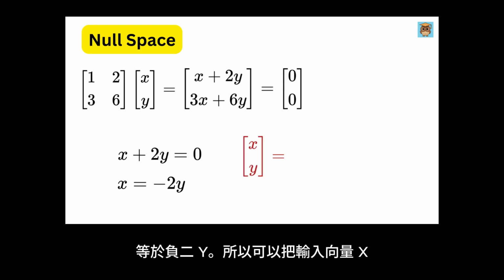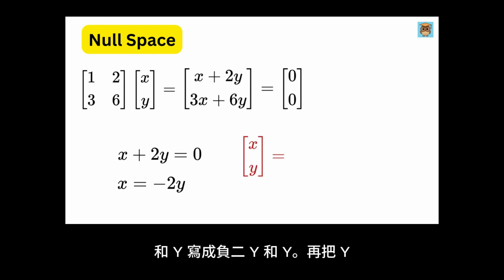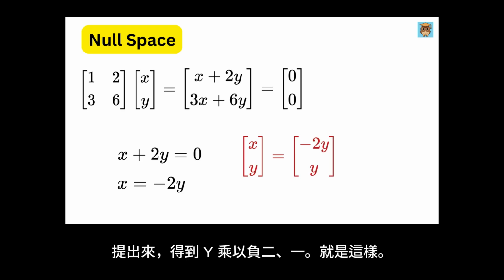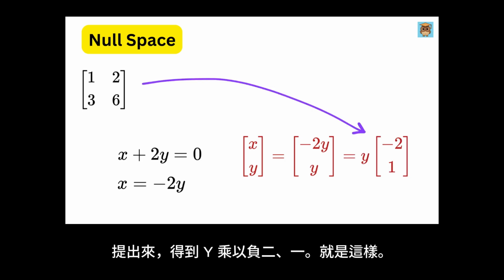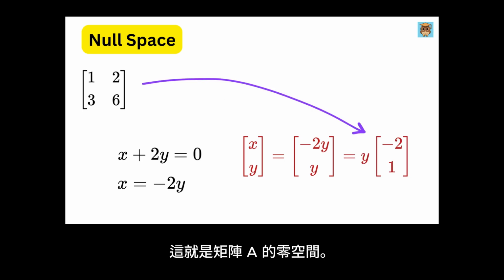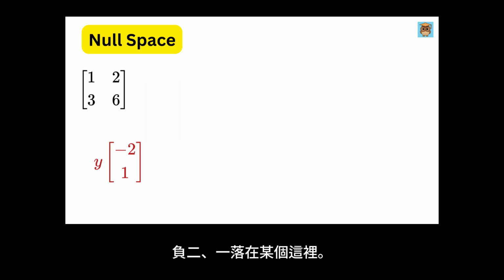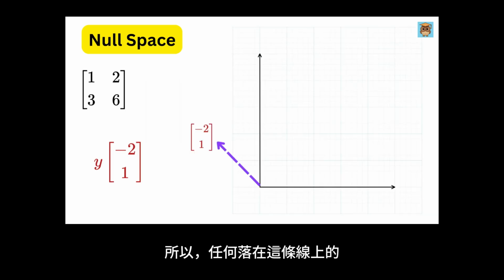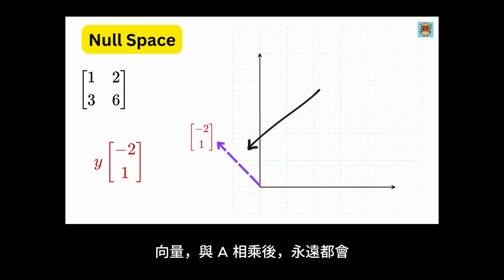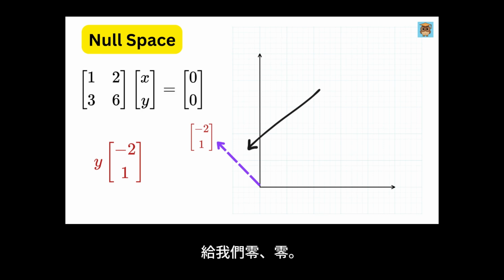So we can write input vector x and y as minus 2y and y. And by taking y common, we get y times minus 2, 1. That's it. This is the null space of matrix A. Minus 2, 1 lies somewhere here. So any vector that lies along this line, when multiplied with A, will always give us 0, 0.